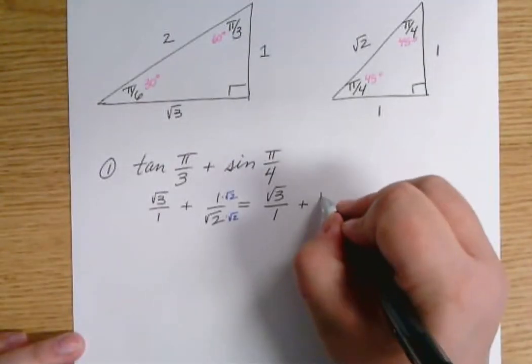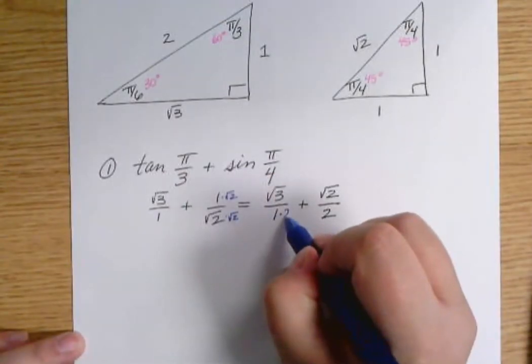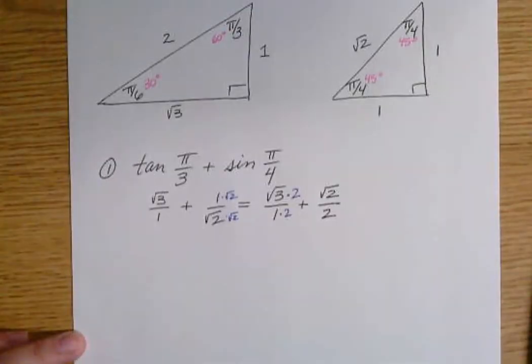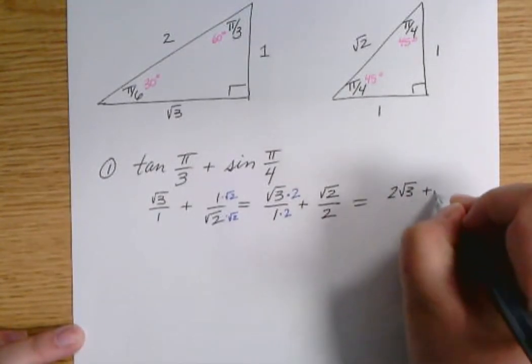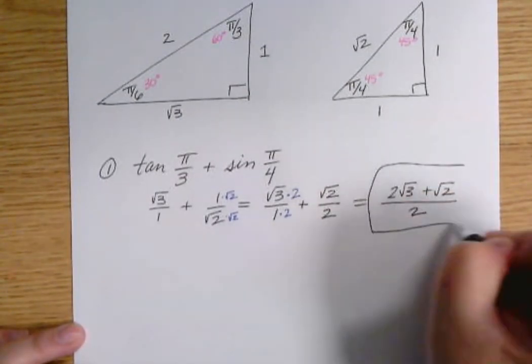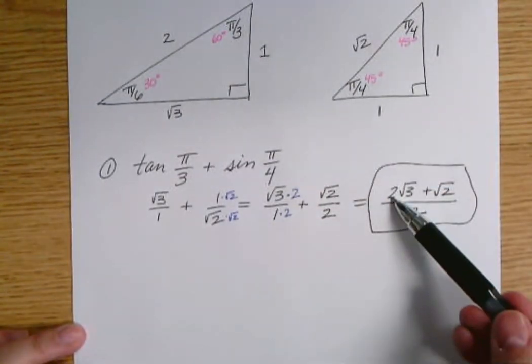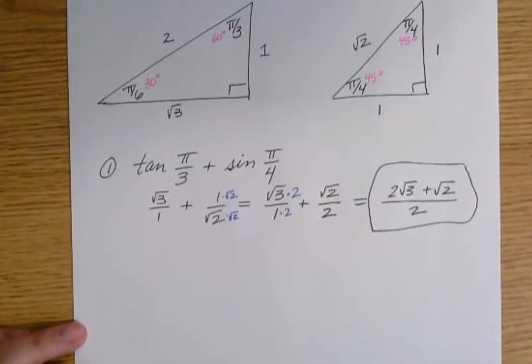Make that root 2 over 2. Then multiply this by 2 and this by 2, and what I have is 2 root 3 plus root 2 on top, all over 2. That does not simplify because 2 only divides out of this part, not this part. So that would be my final answer there.